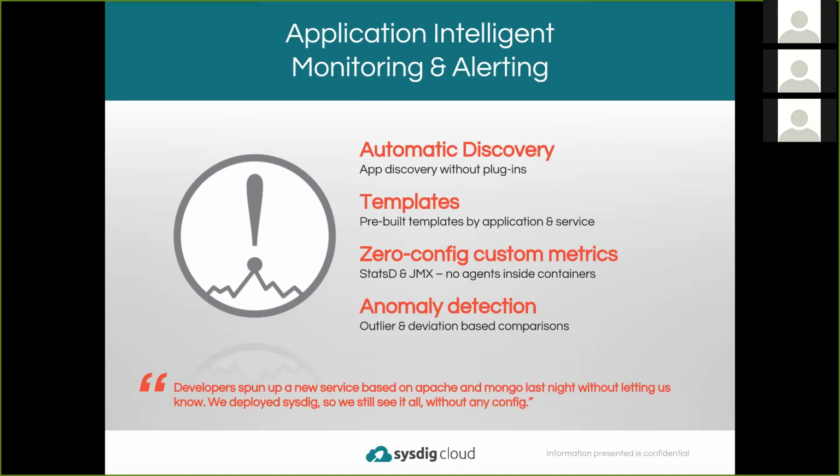And if you are one of those people who like anomaly detection and want to automatically spot things that might not be running as they should, we also give you the possibility of doing that with Sysdig Cloud.